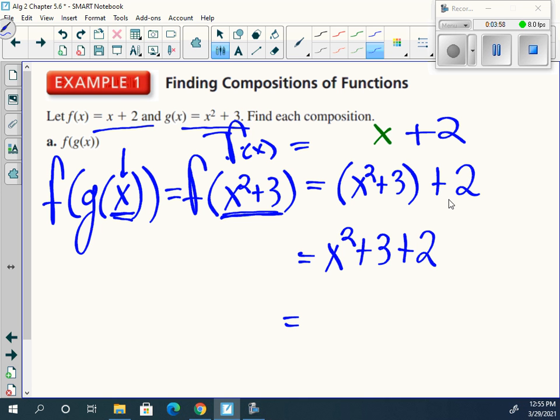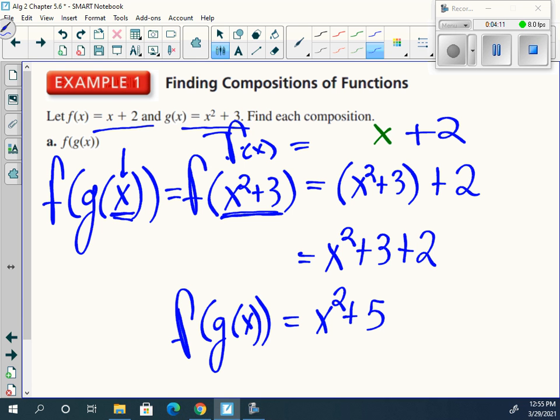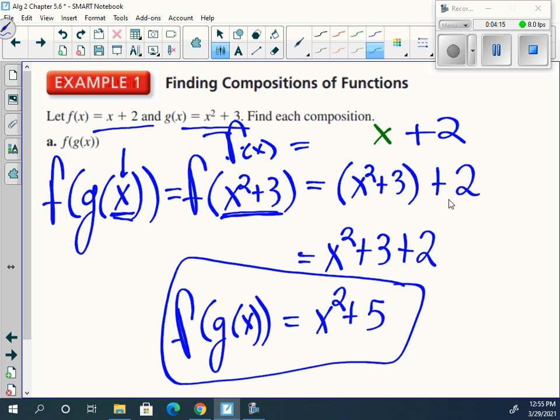We need to combine like terms. We're just simplifying at this point. 3 plus 2 is plus 5. So f of g of x is x squared plus 5.